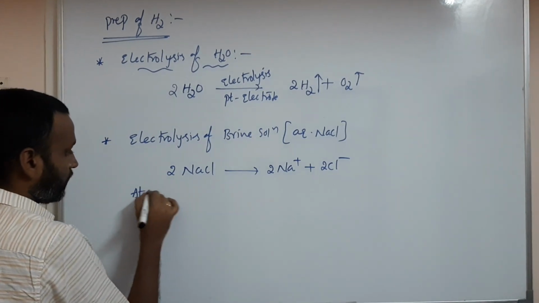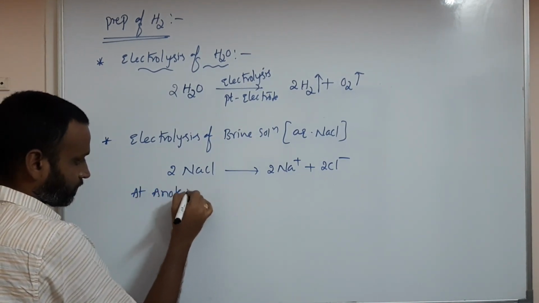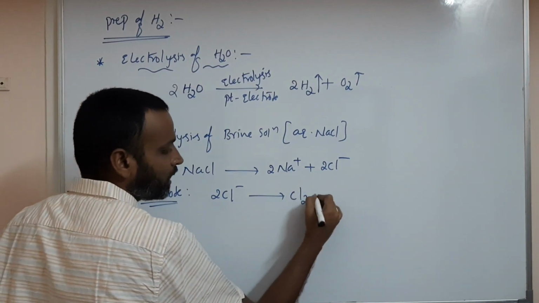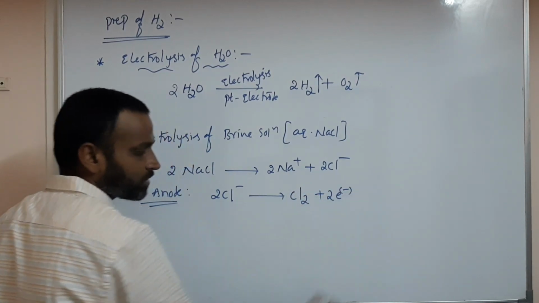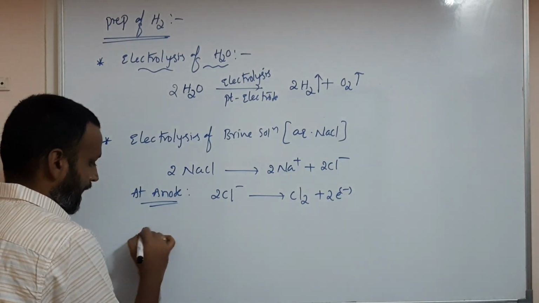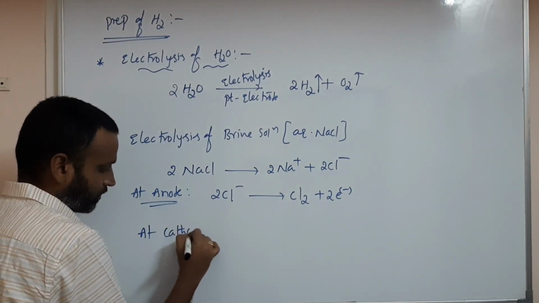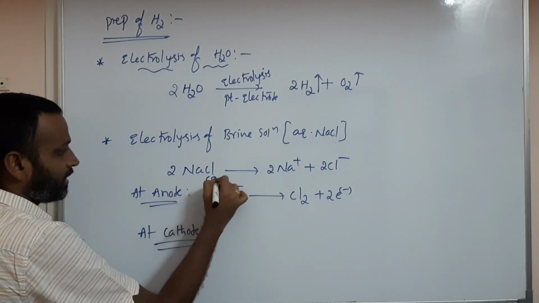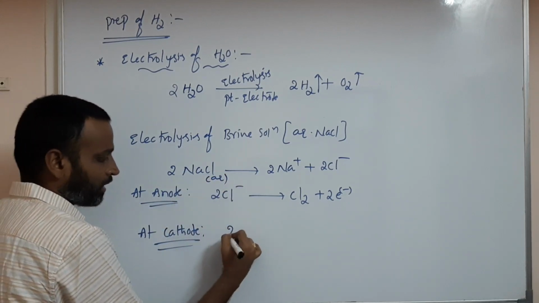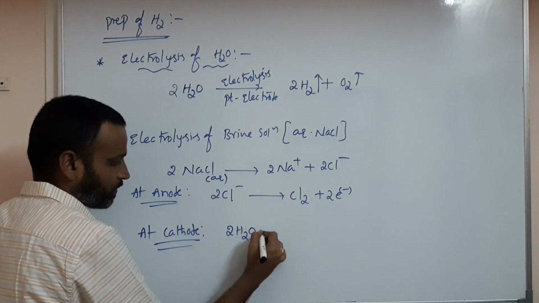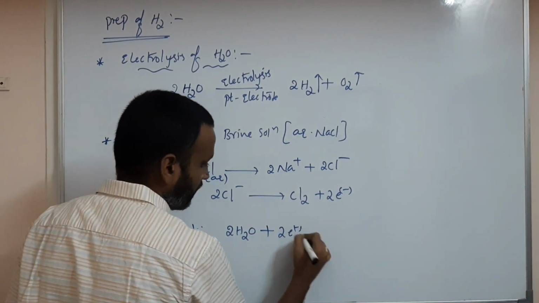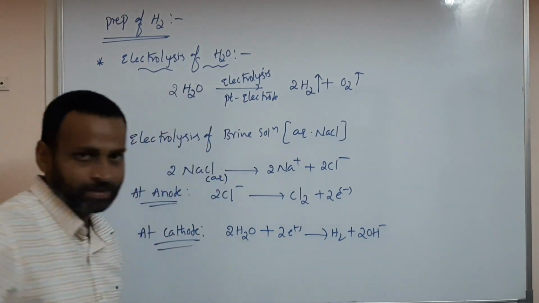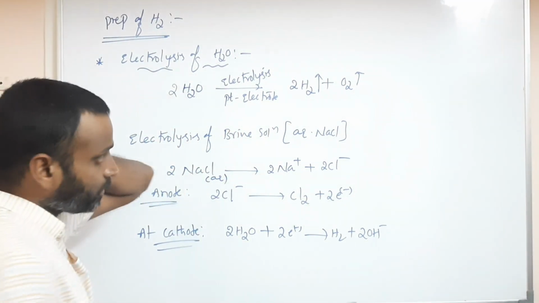At the anode, 2Cl minus is converted to Cl2 plus 2 electrons, correct? And at the cathode, water will undergo reduction: 2H2O takes 2 electrons and converts to H2 plus 2OH minus, correct?